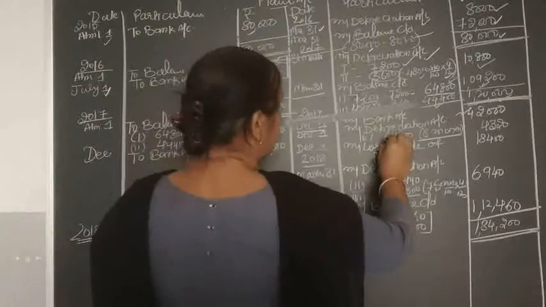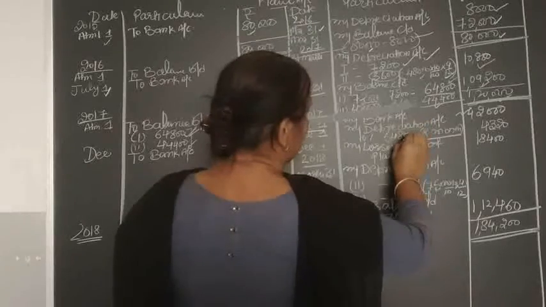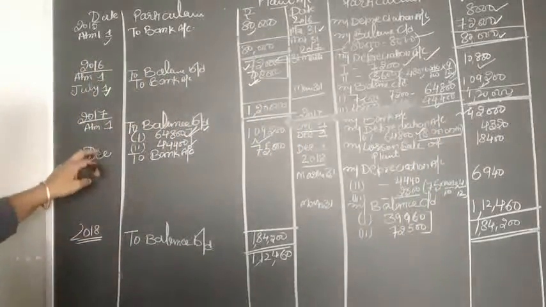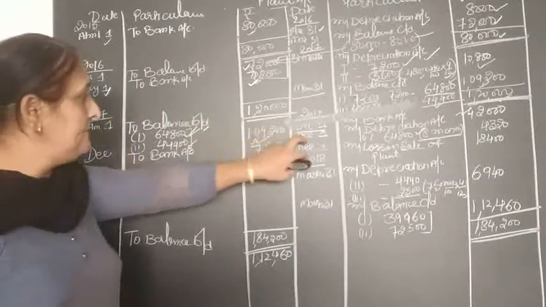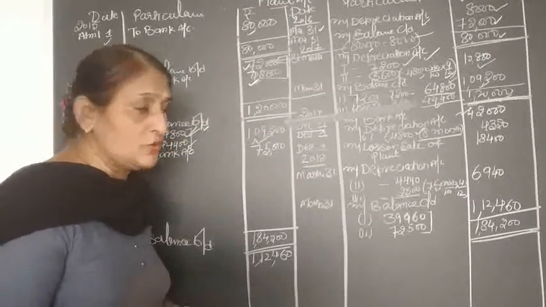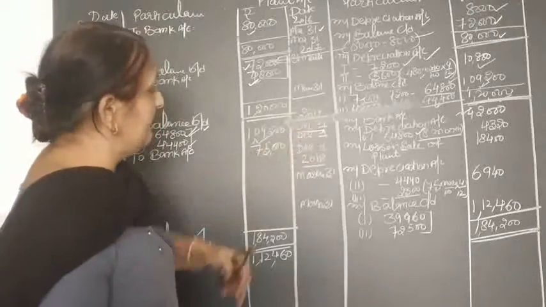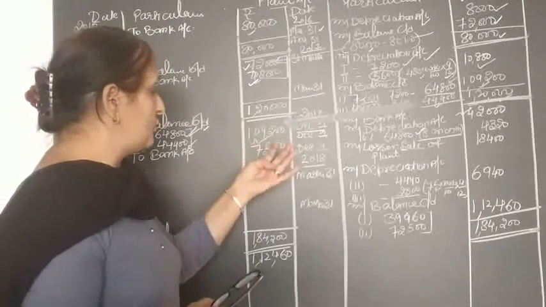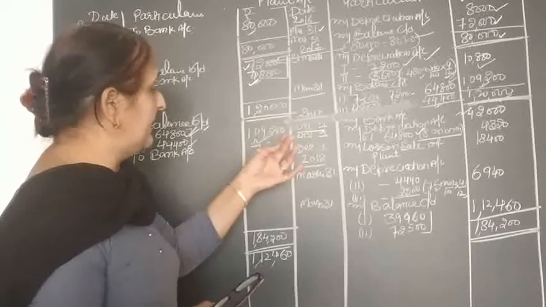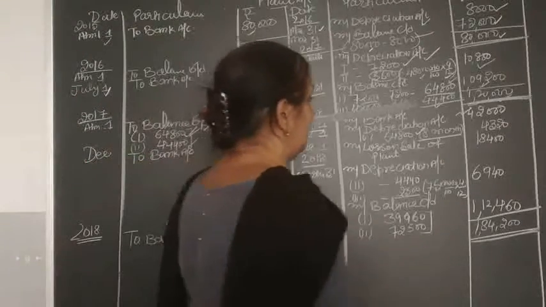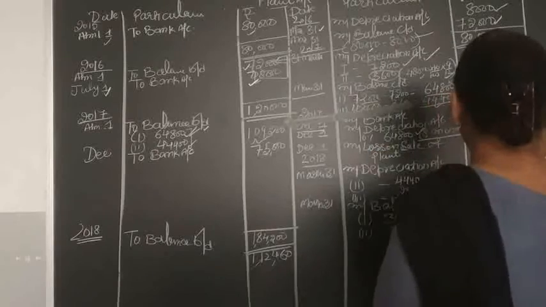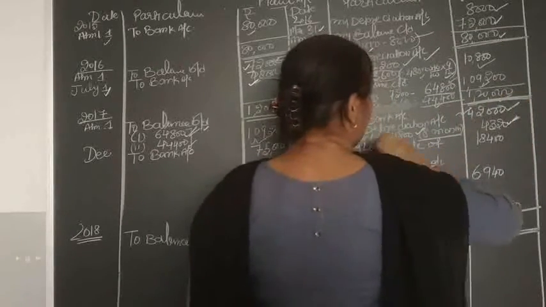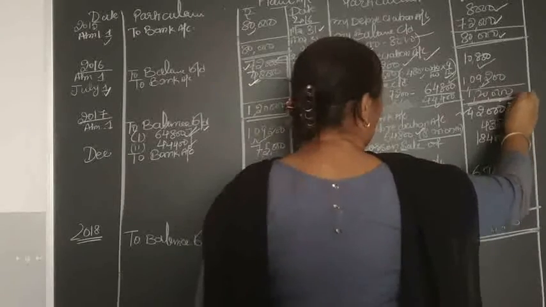So 10% of 64,800 into 8 by 12. 8 month की डेप्रिसिएशन लगाएंगे क्योंकि अप्रैल से लेके दिसंबर तक फर्स्ट प्लांट यूज हुआ and after that on December 1 the plant is sold. So April, May, June, July, August, September, October and November, 8 months depreciation will be calculated on it. So the amount is 4,320.